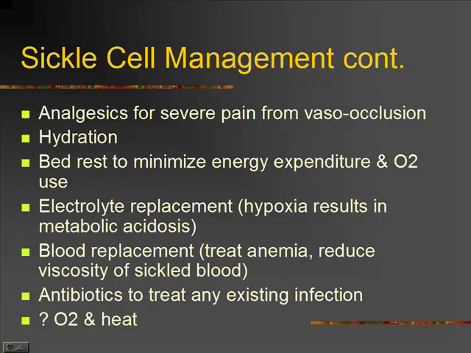Part of that is by that overhydration. Antibiotics to treat infection, oxygen and heat if they help for comfort, the warm packs, trying to dilate vessels and get things moving through there, and oxygen, trying to maximize what hemoglobin they do have, that it's all carrying oxygen.